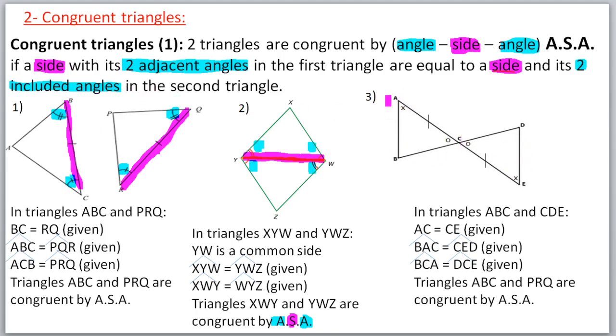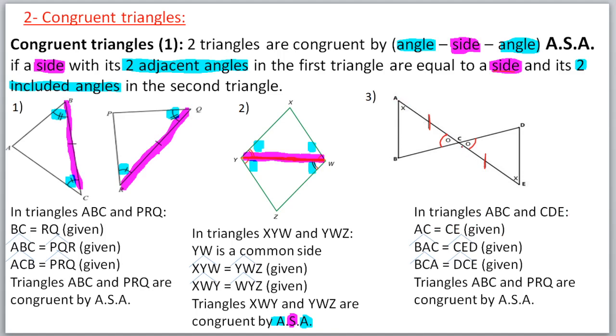Look at this shape. In this shape, we have two triangles ABC and CDE. This angle is equal to this angle. Why? They are vertically opposite angles. Right. This side is equal to this side. It's given. So how could we write it? We write in triangles ABC and CDE, AC equals CE, given.